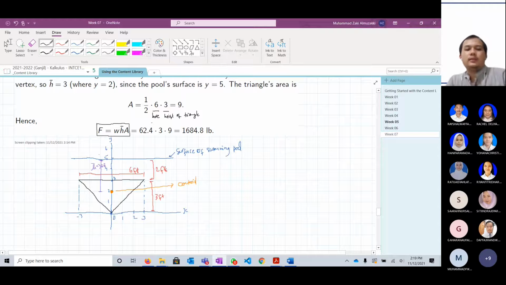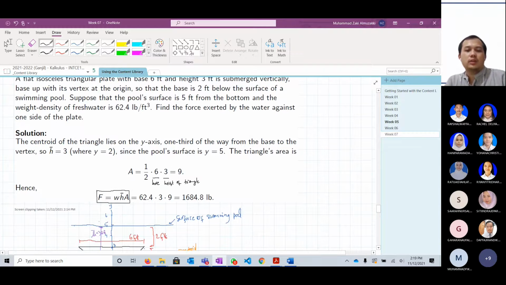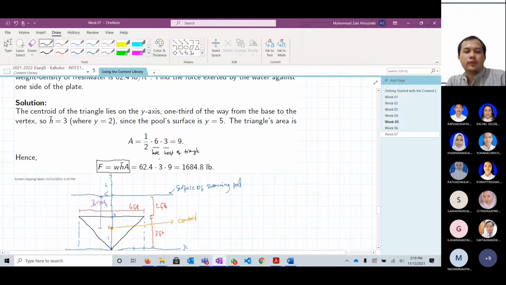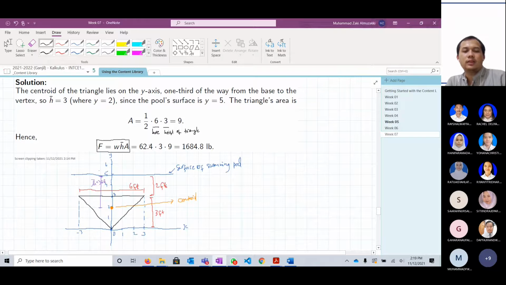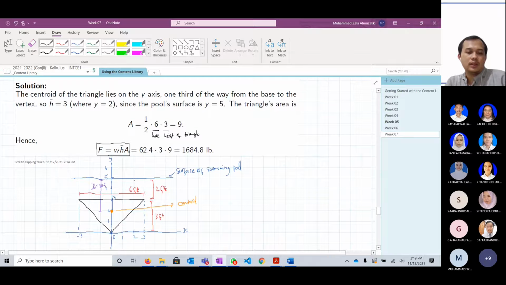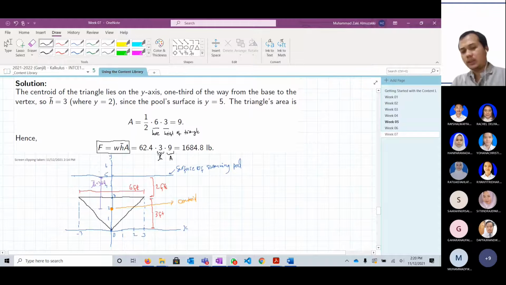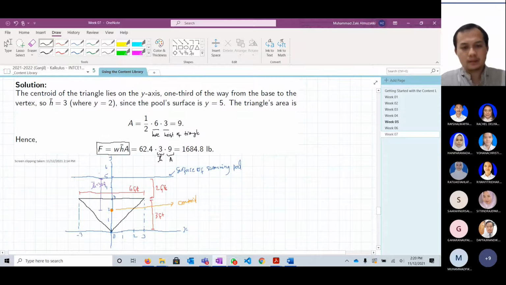Since the weight density of fresh water is 62.4 pounds per feet cubed, the force is 62.4 times this h bar, which is 3 feet. This is h bar, and this 9 is the area. Then we get that the force is around 1,684.8 pounds.